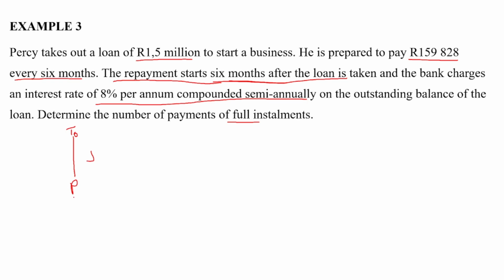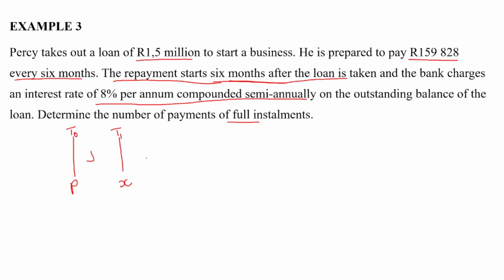When do you start paying for it? You cannot take a loan at the beginning of January and then start paying immediately. Generally you take the loan and then after 1 month, that's when you start paying, if it is monthly, because it can be semi-annually. Like in this case, he's going to repay every 6 months.